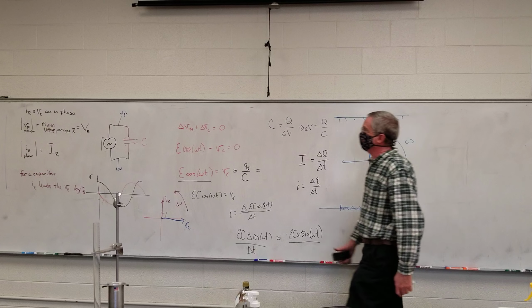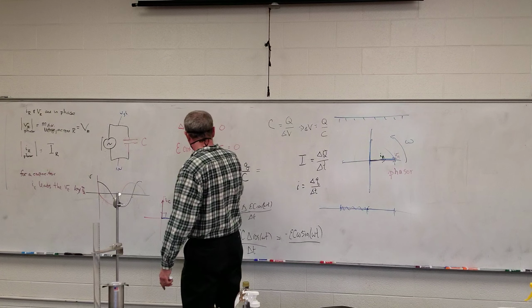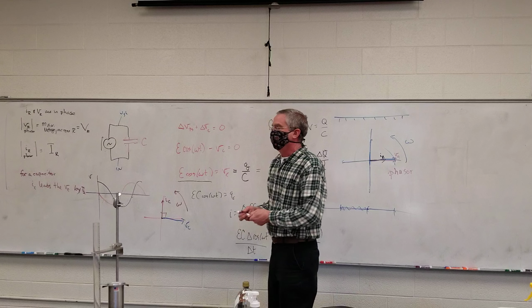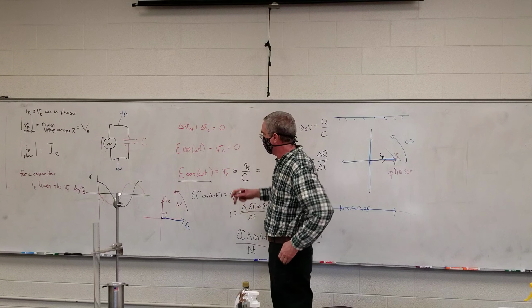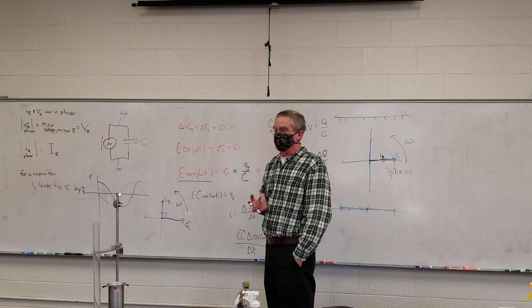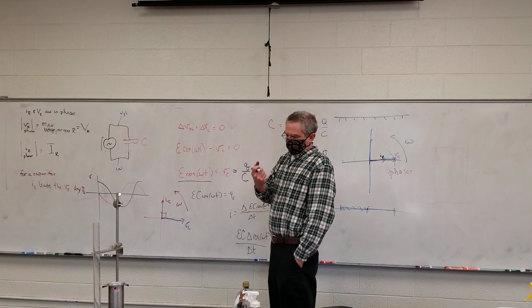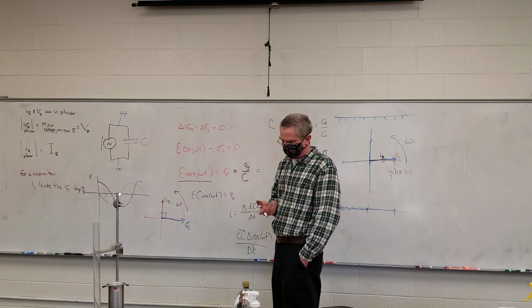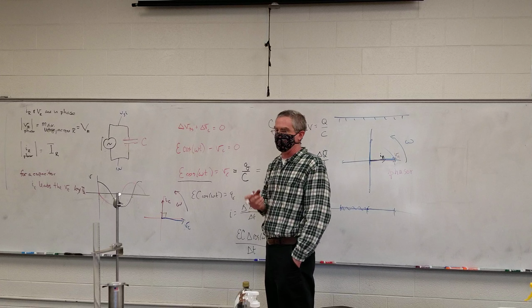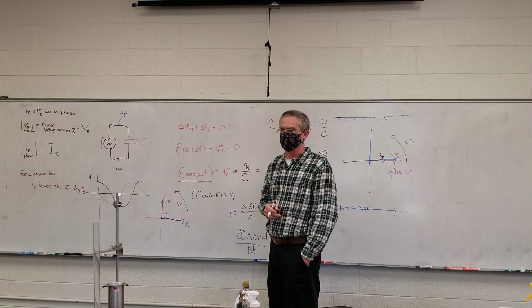This is a memory trick that a student gave me. When you're talking about the EMF, it should regularly be an epsilon. However, before modern computers, putting an epsilon in was a nuisance, so a capital E worked.